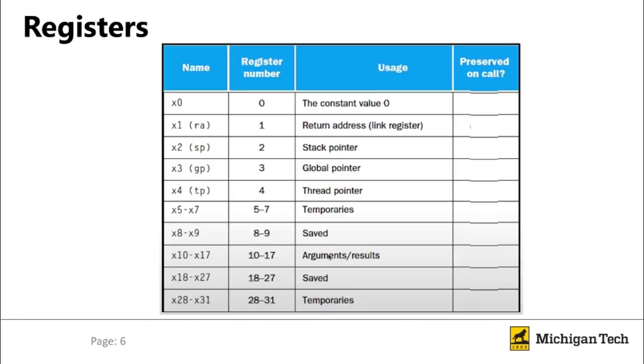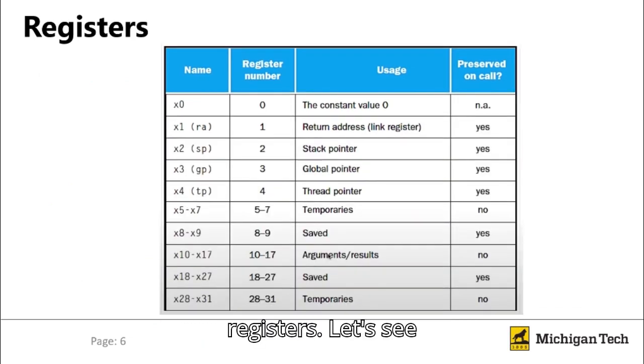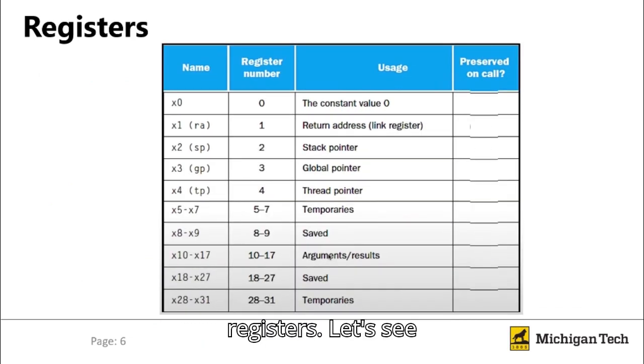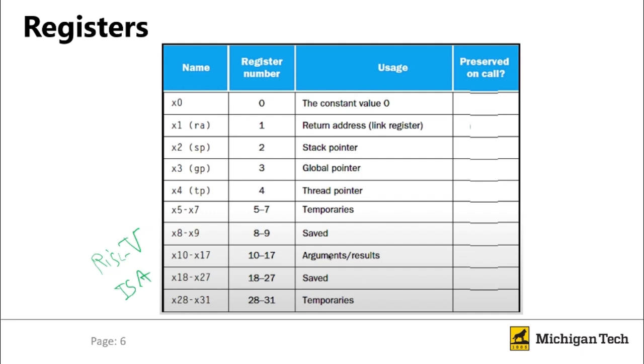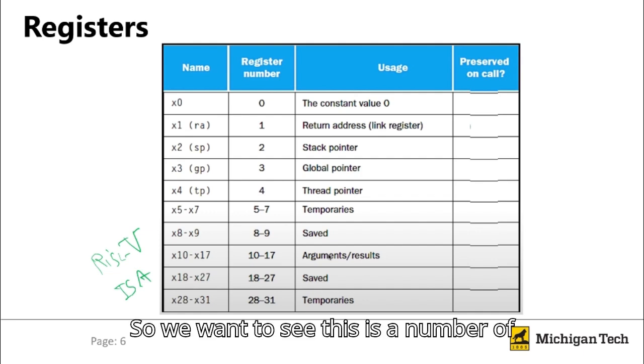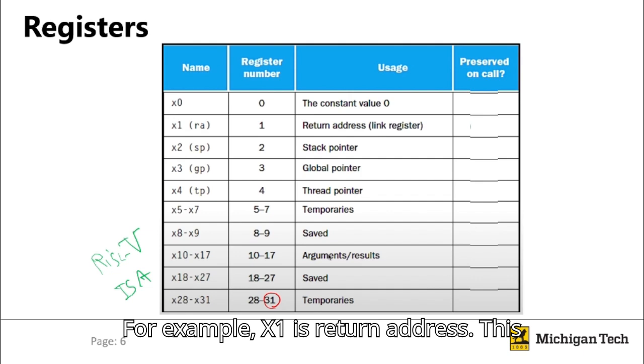Okay, so this is another example for registers. Let's see all the registers in RISC-V ISA, instruction set architecture. This is the number of registers, 32 registers. A usage, we wrote the usage here. For example, X1 is return address.